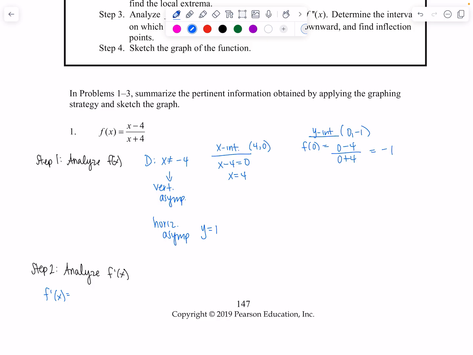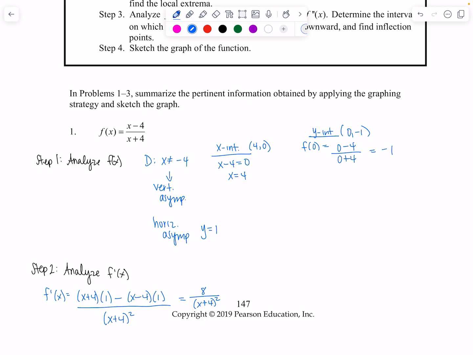So f prime will take the bottom times the derivative of the top minus the top times the derivative of the bottom all over the bottom squared. This is going to reduce to 8 over x plus 4 squared. And the only partition number here is the value that makes the denominator 0, or -4.